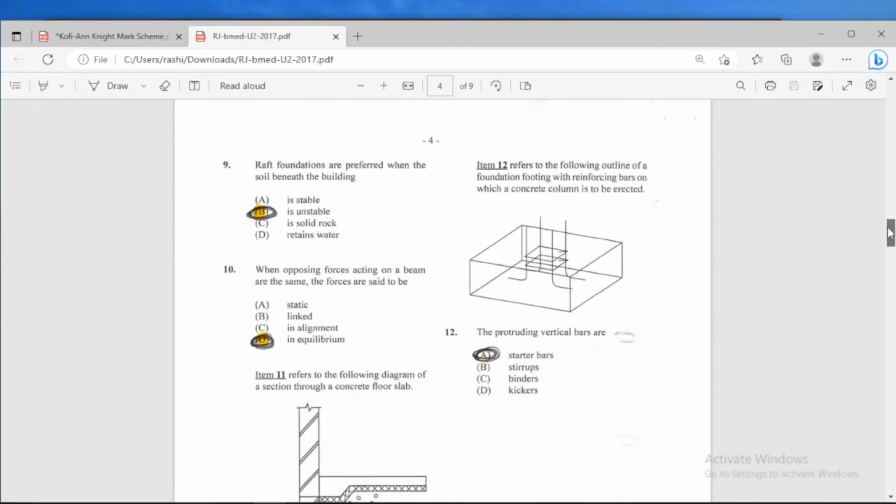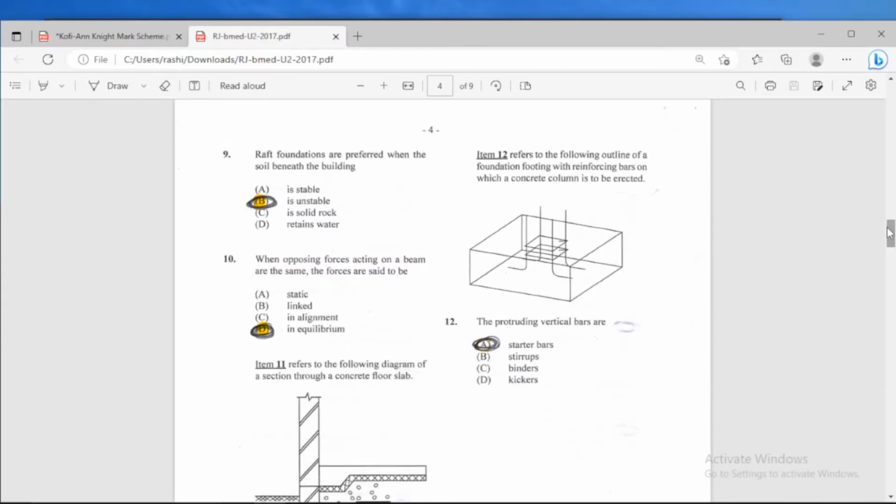For number 9, raft foundations are preferred when the soil beneath the building is, is it stable, unstable, is solid rock, or retains water. Now if the soil is stable, you'd want to use a regular strip foundation, depending on the soil type. You wouldn't want to use it if it's solid rock either.